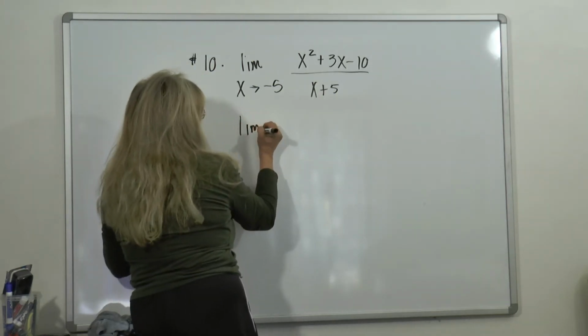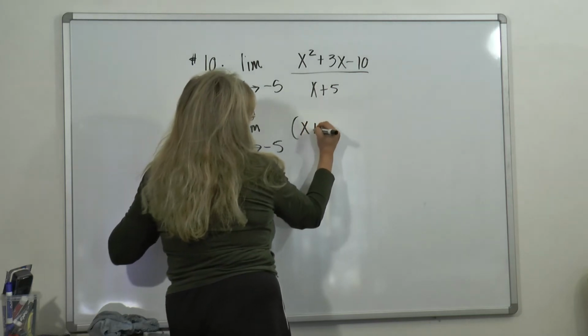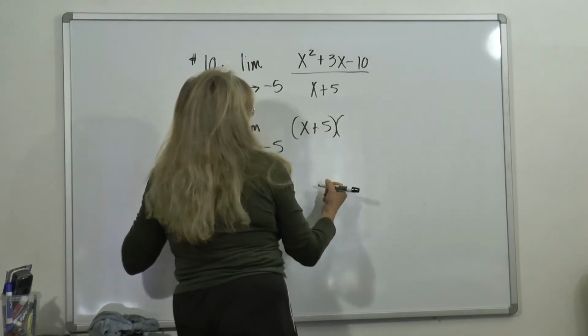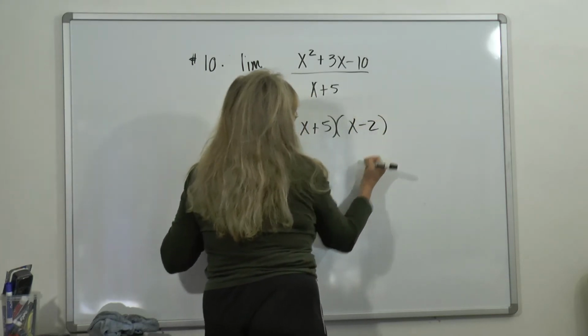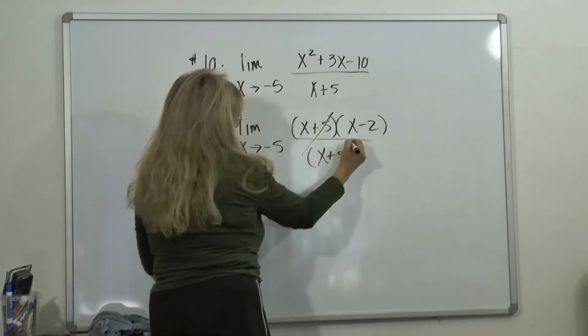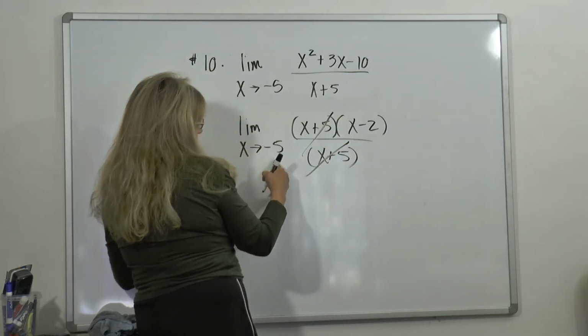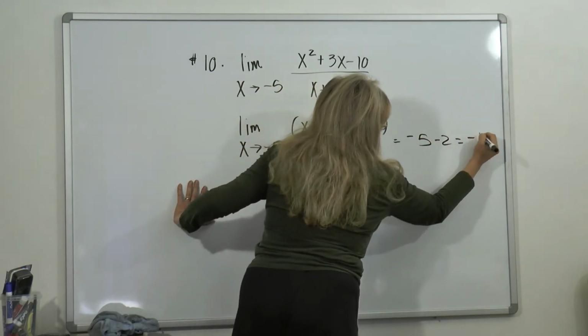Okay, so we have our limit as X goes to negative 5, X plus 5, and then what times 5 gives you a negative 10? Negative 2. So the limit, if I let X equal negative 5, it's going to be negative 5 minus 2, which is negative 7.